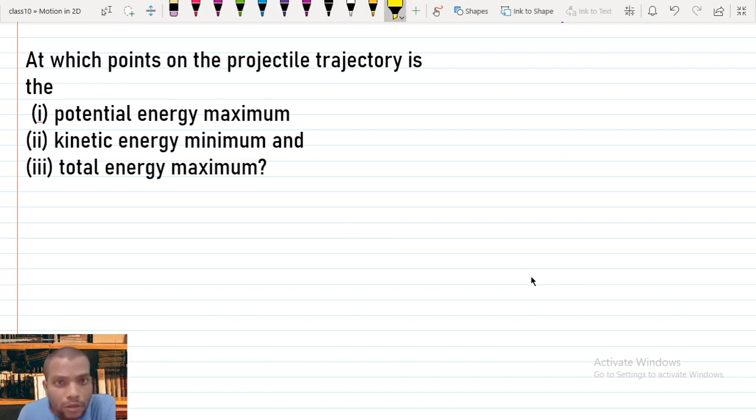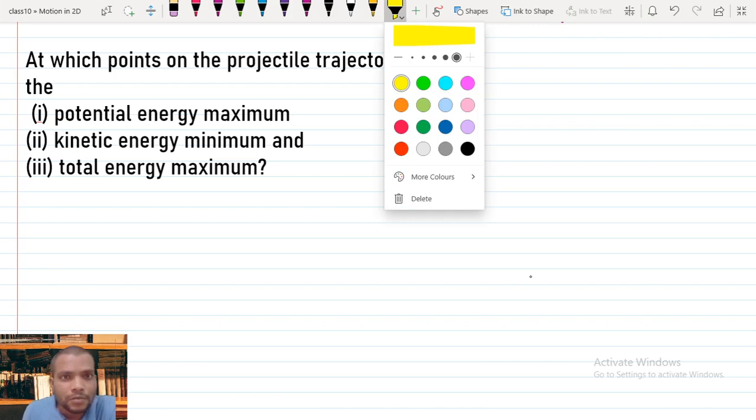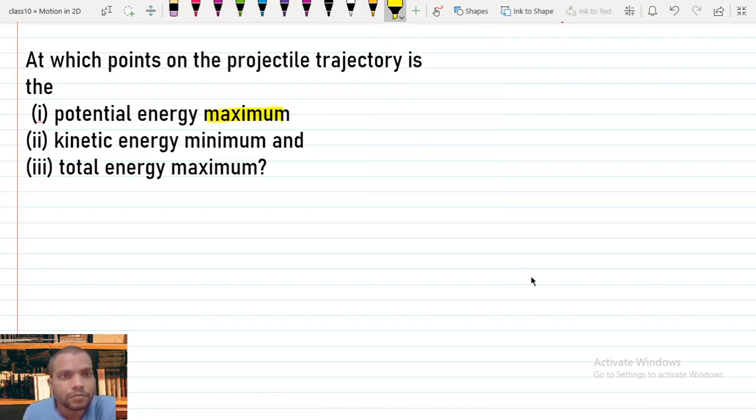At which point on the projectile trajectory is the potential energy maximum, the kinetic energy minimum, and the total energy maximum? Understand the question carefully. At which points on the projectile trajectory?